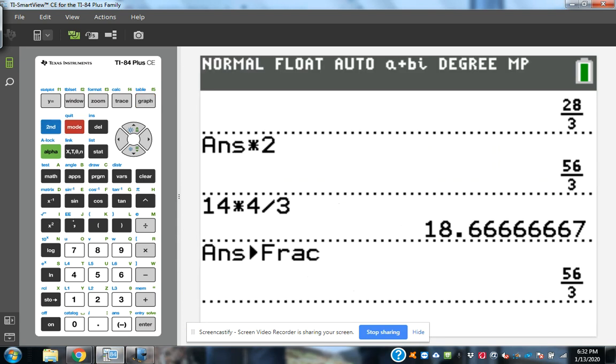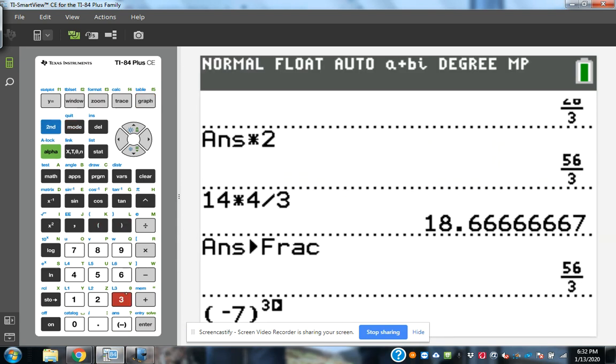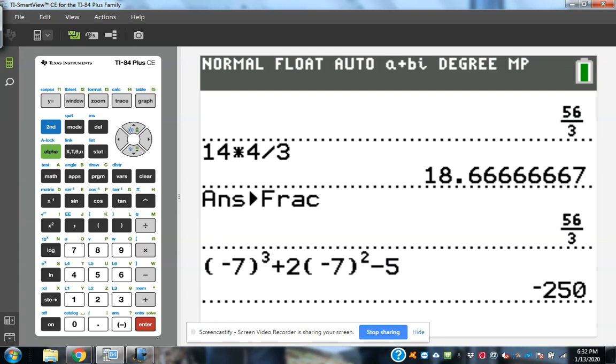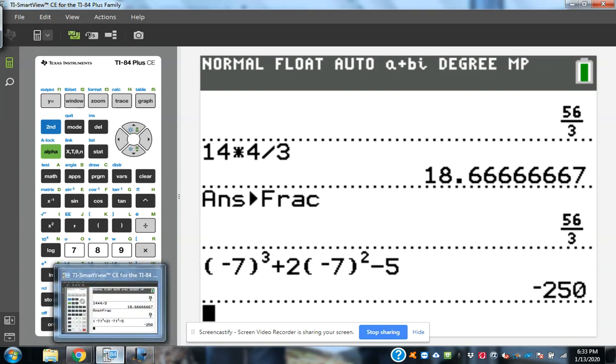I'm going to use a little help here. Parentheses, negative 7 raised to the third, plus 2 parentheses, negative 7 squared minus 5. Just cranking that out. Negative 250.